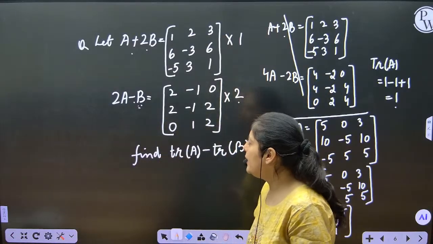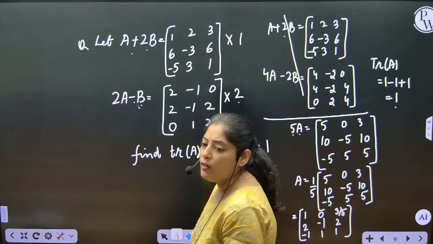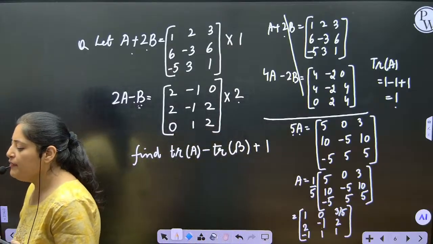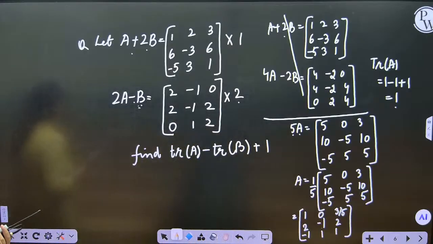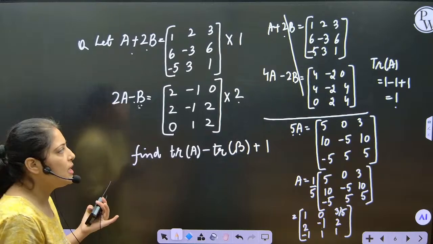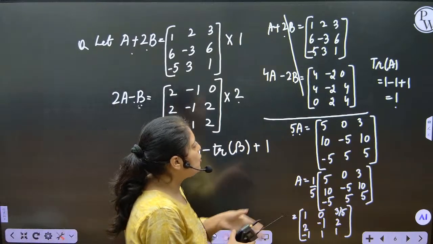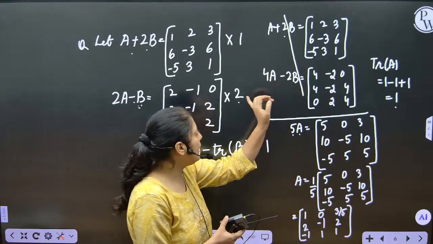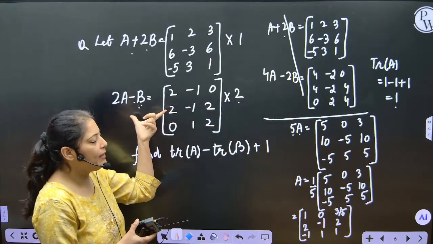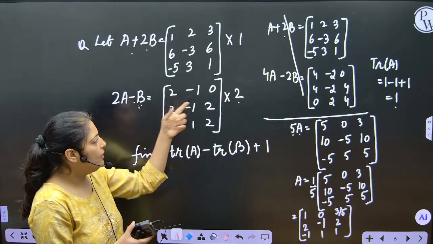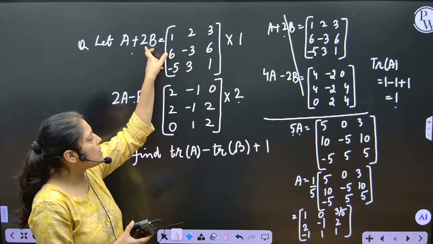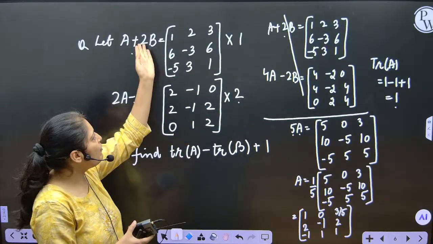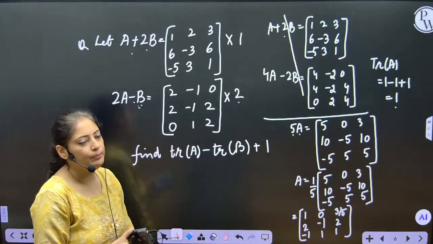So what we did, yes, we made the coefficient equal. How did it come out to be equal? When I multiplied this full equation with the 2. If it would have been 3, you multiply it with 3.